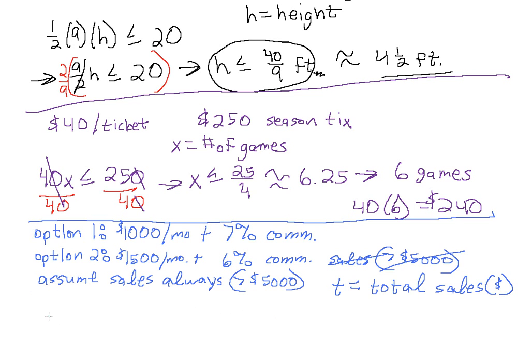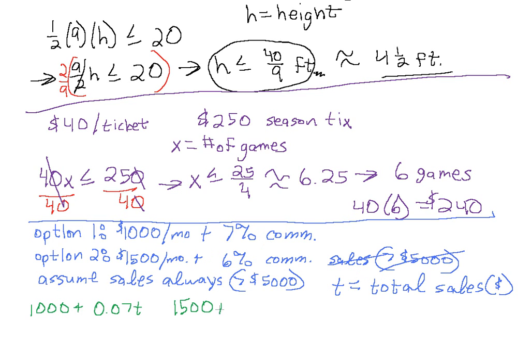So let's switch colors to green because we're talking about money. So option one, here we go. We have 1,000, which is our base salary, plus, let's convert our percent into a decimal, 0.07t. We're getting 7% times the total sales. And on the second side, on the right side, is option two.